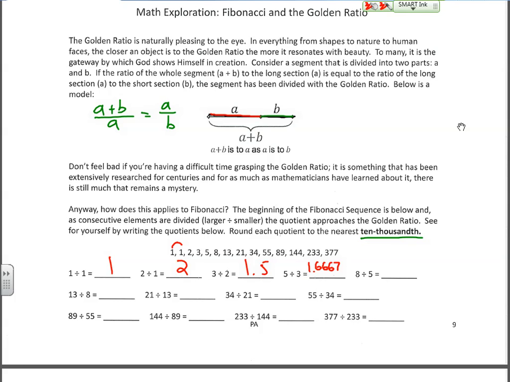You're going to go through each of these quotients, and as you're noticing here, we're just dividing. Our first one is 1 divided by 1, then 2 divided by 1, then 3 divided by 2, 5 divided by 3, and so on and so forth. We're dividing these elements of the Fibonacci sequence, and you're going to notice that you approach a specific number. That number that your quotient gets closer and closer to is the golden ratio.